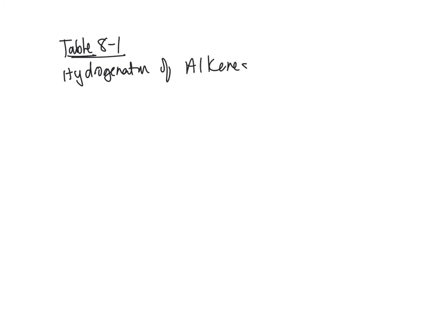So the other reactions that are not included in your POGL, but they're included in Table 1, are hydrogenation of alkenes, and the other one is cyclopropanation. I will talk about the cyclopropanation reaction. I'll add that onto your POGL 11C because that's a cyclic intermediate, and so we'll keep with that.